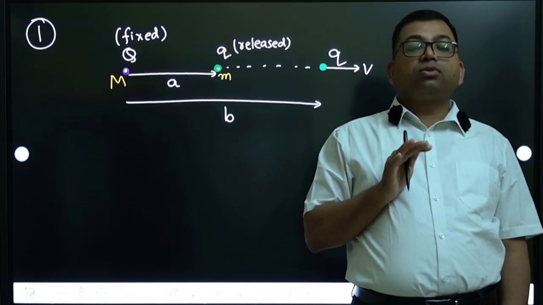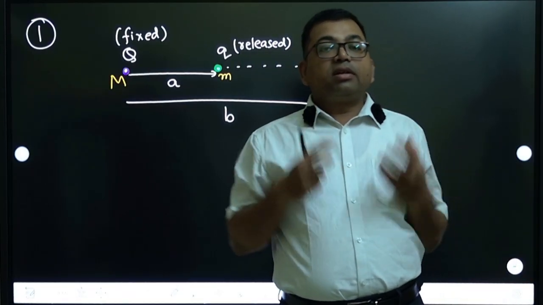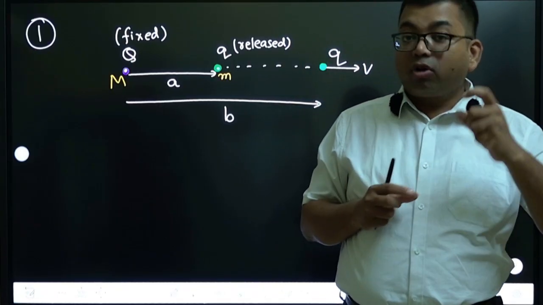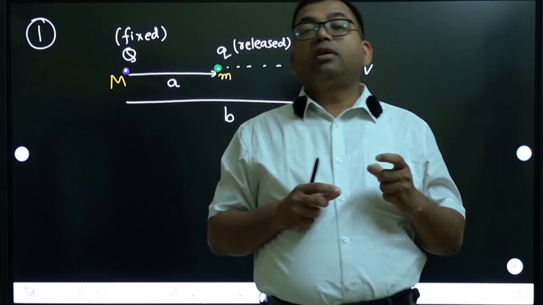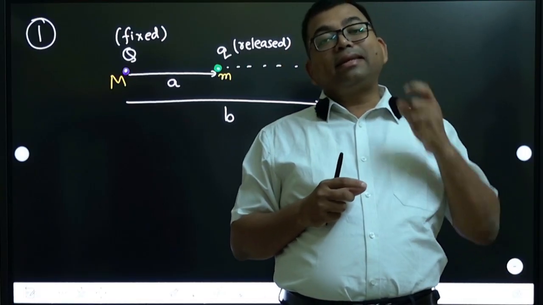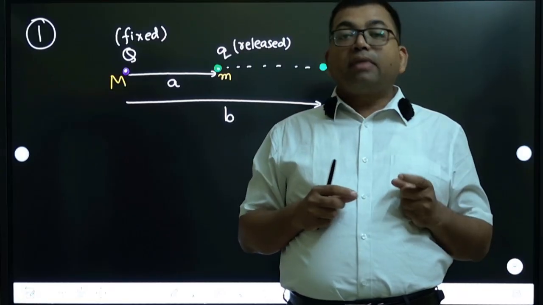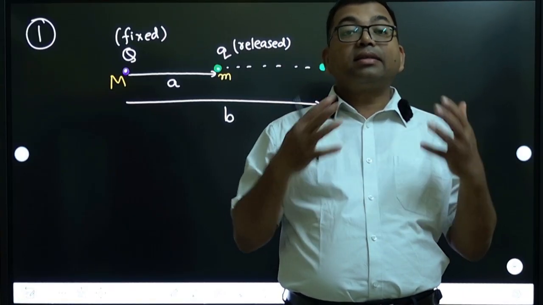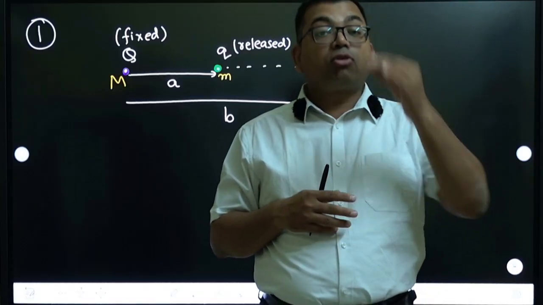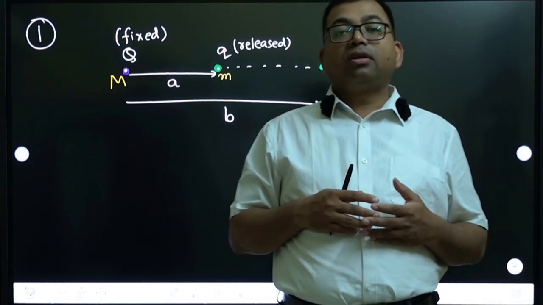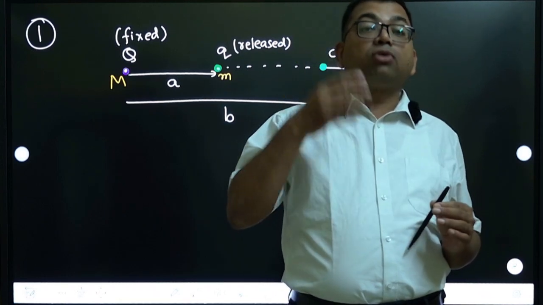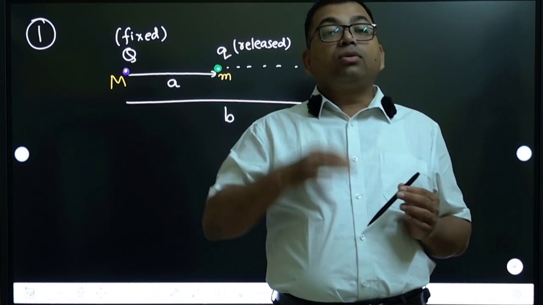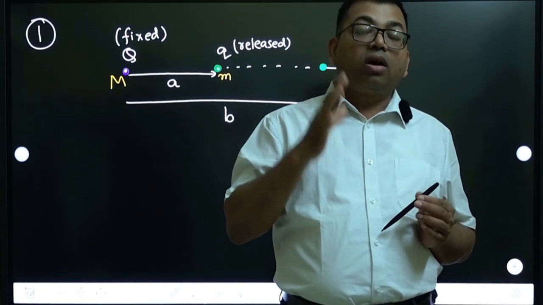We can of course substitute values and calculate, but we can try to derive a formula. Why is a formula important? Because a formula can be easily substituted with values and a result can be calculated, and particularly for competitive exams like NEET or JEE, where you have to solve questions within a minute, you are supposed to know the formula.